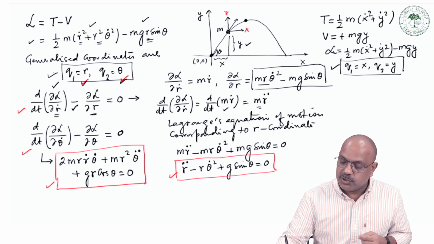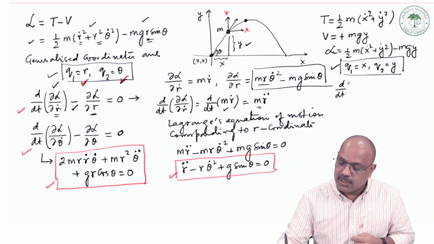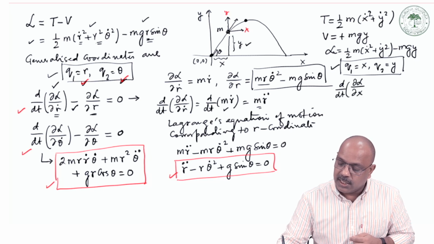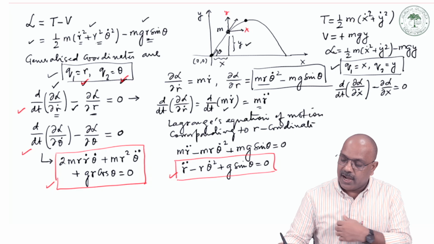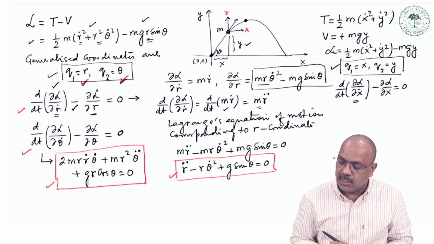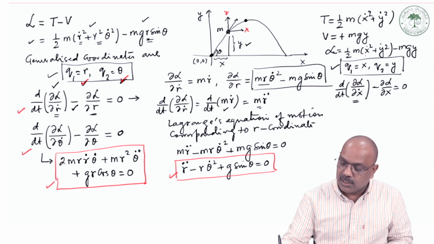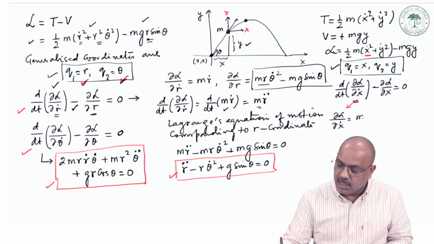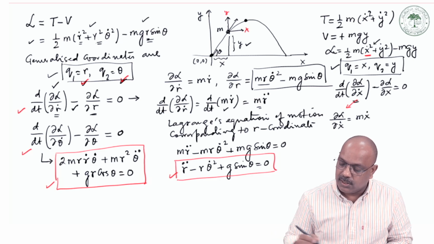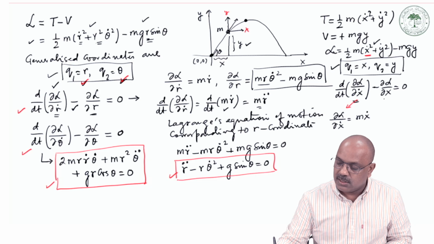The first equation of motion will be d dt of delta L by delta x dot, minus delta L by delta x, equal to 0. Finding delta L by delta x dot from this Lagrangian, I have x dot only here, so delta L by delta x dot is m x dot.